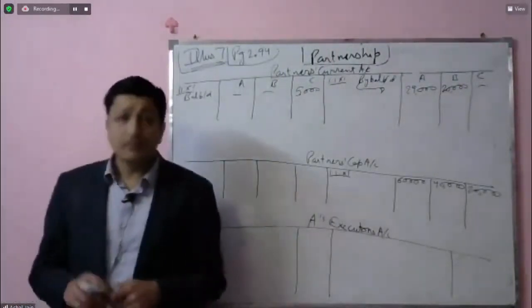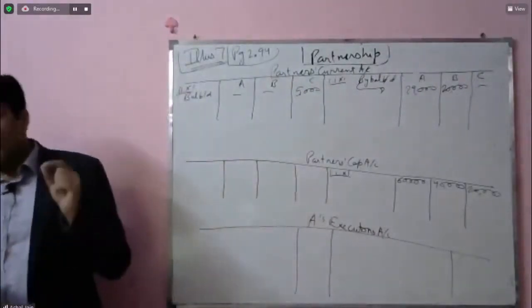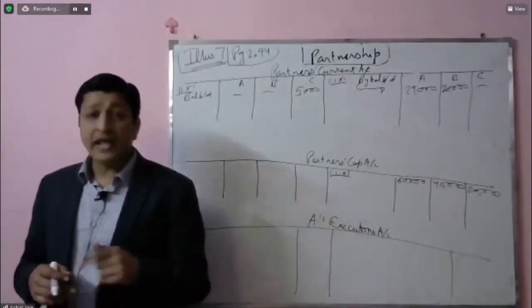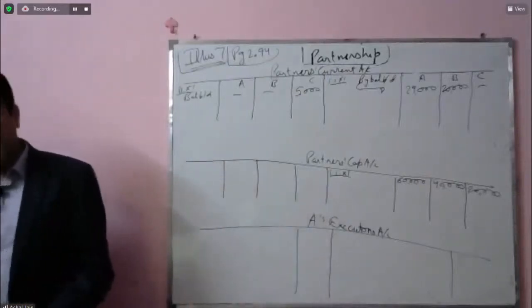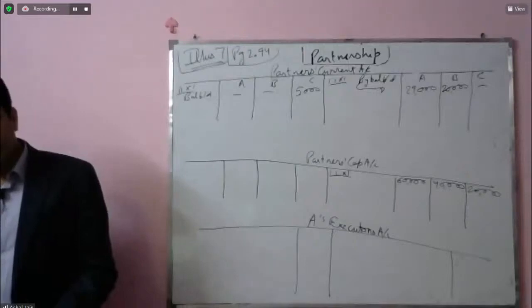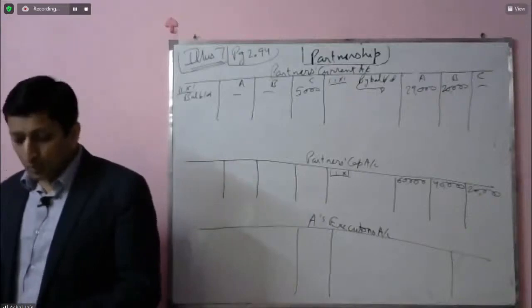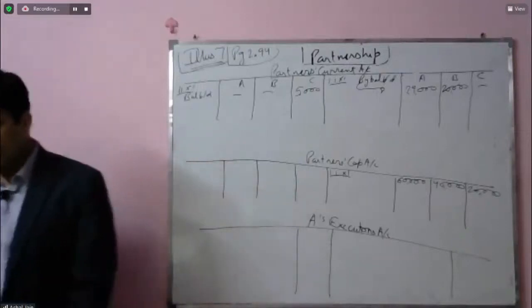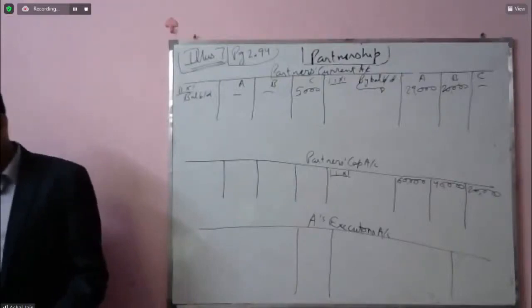B and C. Why? Because A is no more. So A will carry the amount of 30,000 in relation to goodwill. B and C will have to forego this amount. They will have to sacrifice this amount to the extent of 30,000. There will be an adjustment. Correct? 30,000 of this portion will go to A, which will come as 20,000 from B and 10,000 from C.